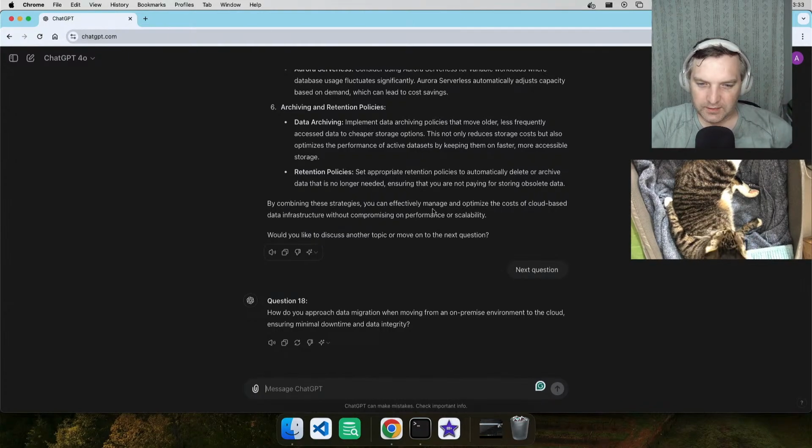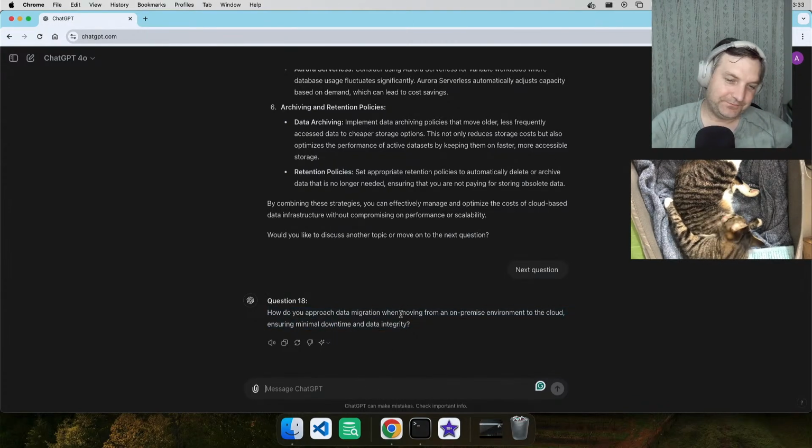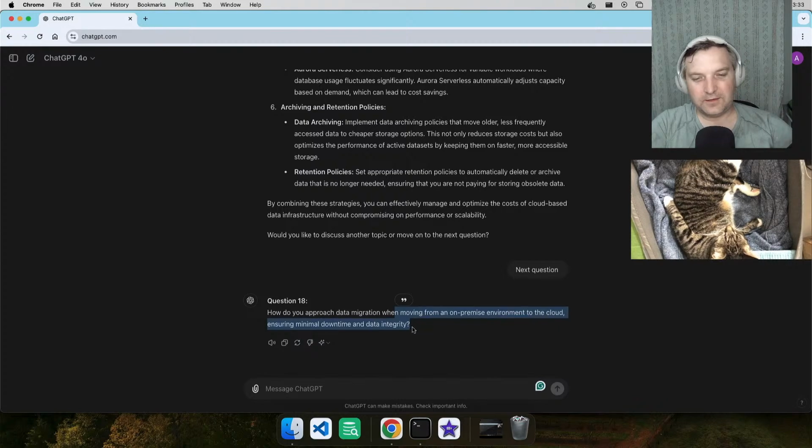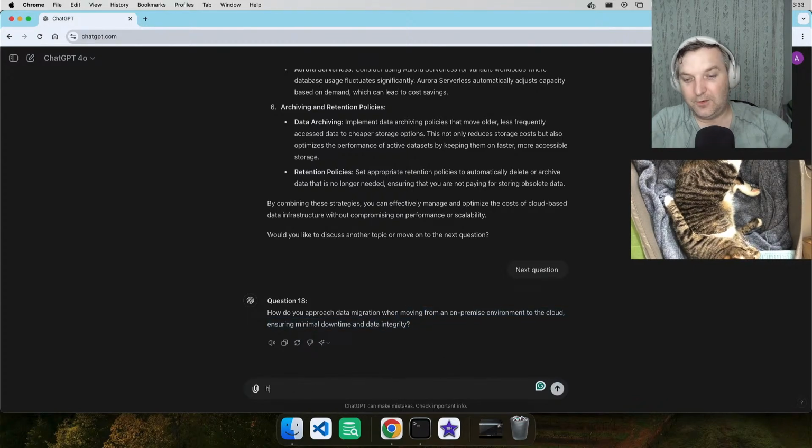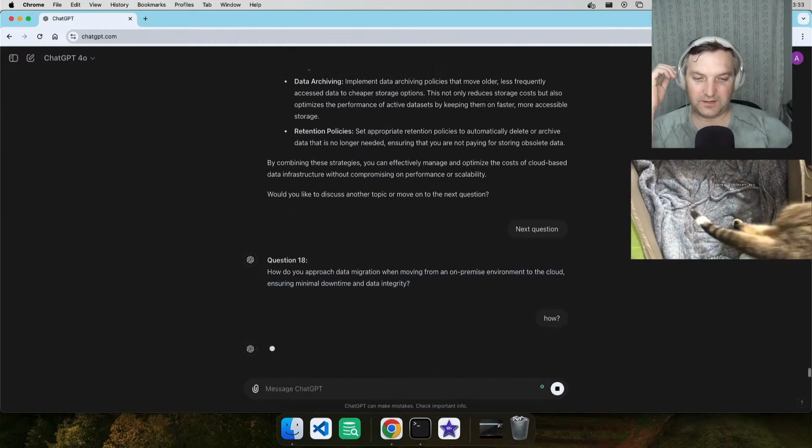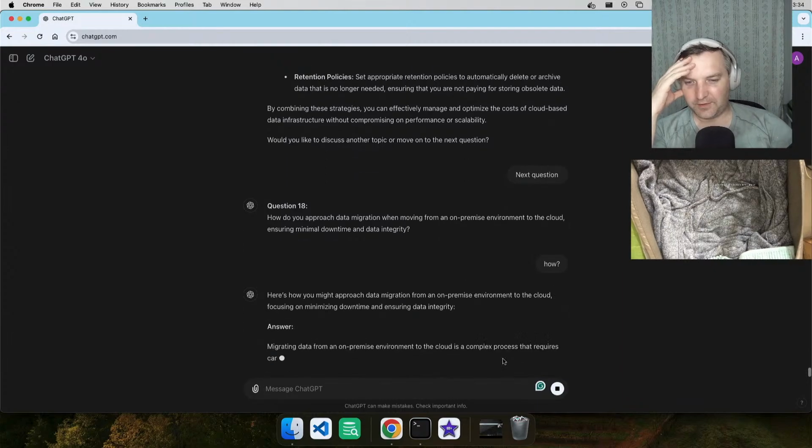How do you prioritize data migration from an on-premises environment to the cloud, ensuring minimal downtime and data integrity? There are so many different approaches.